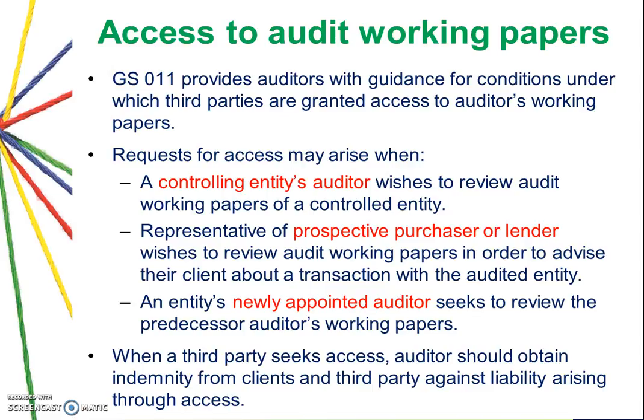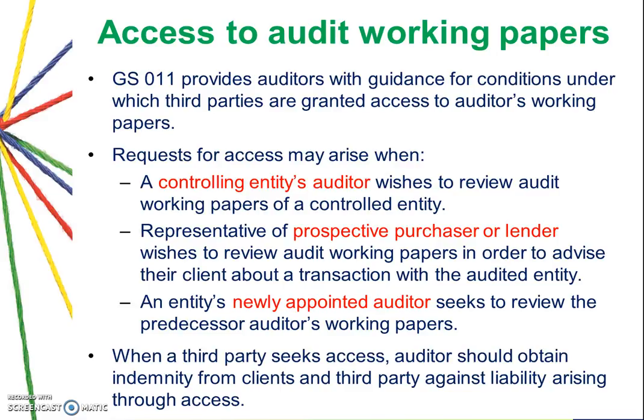For example, if KPMG is auditing Henry Jack Australia, but Henry Jack Global is audited by PricewaterhouseCoopers, PricewaterhouseCoopers Global may require access to the working papers of KPMG Australia, upon the requirement from the client.